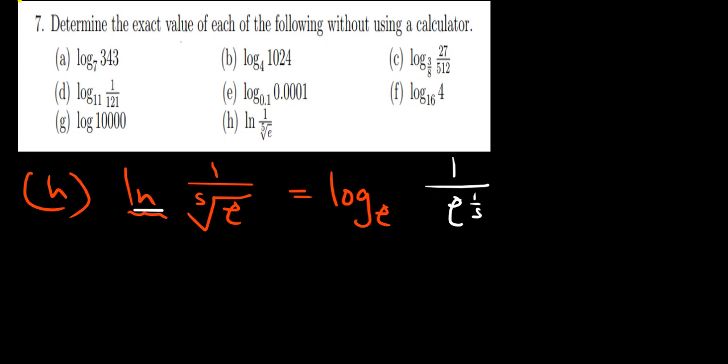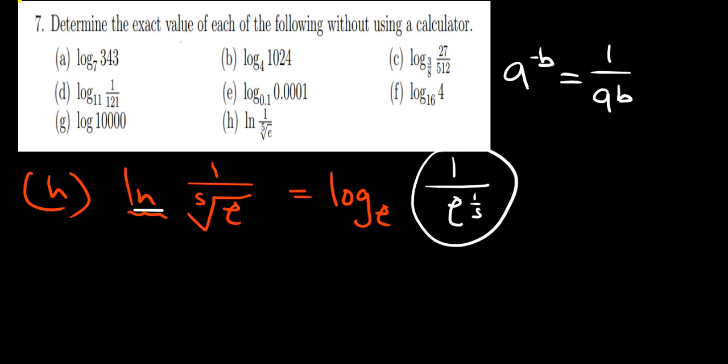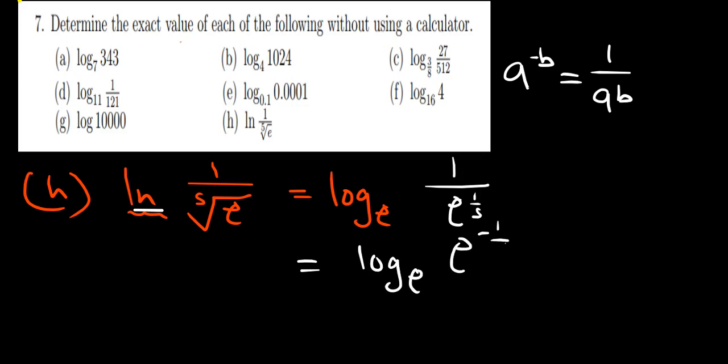By the reciprocal rule, we know that a to the power minus b is the same as 1 divided by a to the power positive b. So we're going to express that as e to the power of a negative number. It will be log base e of e to the power minus 1 over 5.